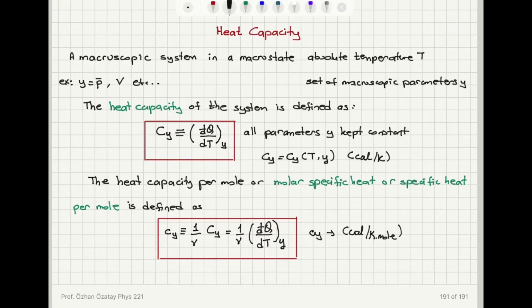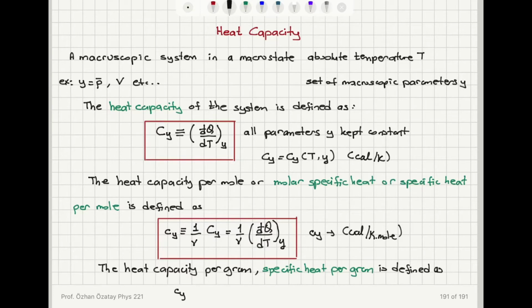We can also give it in terms of per mass. So the heat capacity per gram, or specific heat per gram, will be similar to molar specific heat, except that we're now dividing by mass.